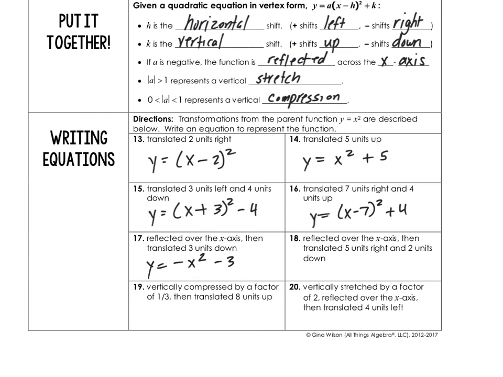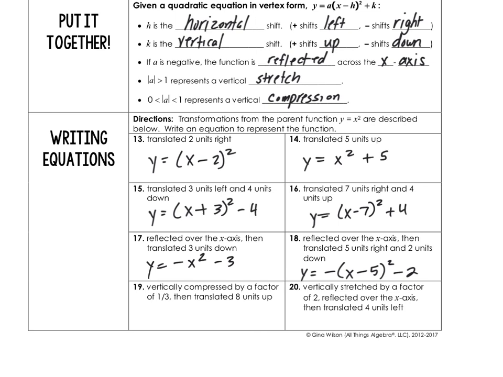Okay, that negative is what determines if it's reflected. Reflected over the x-axis, then translated 5 units right and 2 units down. That's 3 transformations. It's going to be negative x minus 5 squared minus 2.